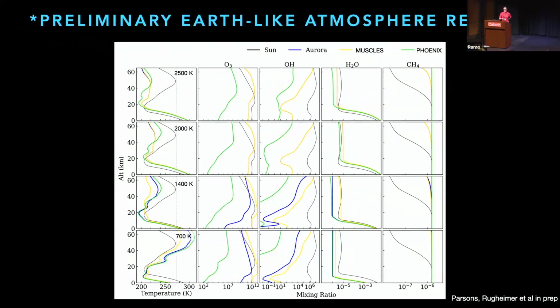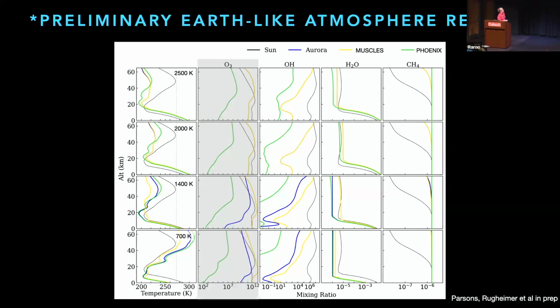So these are just some preliminary results of what an Earth-like atmosphere would do under these sorts of UV environments. Here in this column, we have the temperature pressure profile, and then we have mixing ratio columns for ozone, OH, the hydroxyl radical, water, and methane. I'm going to tease out ozone today only, and see that, of course, when you don't have a lot of UV, you don't produce much ozone.